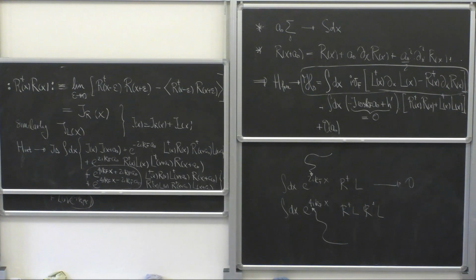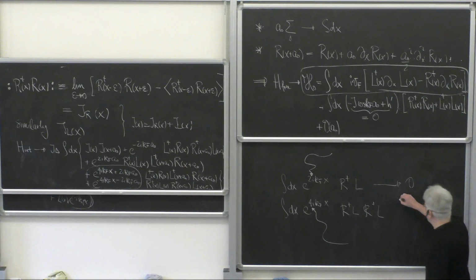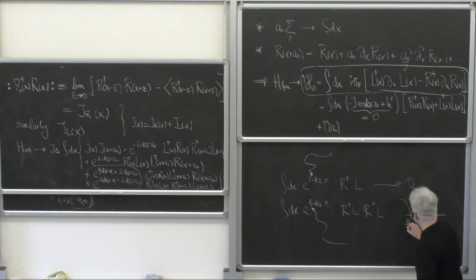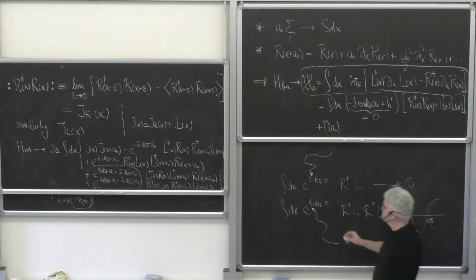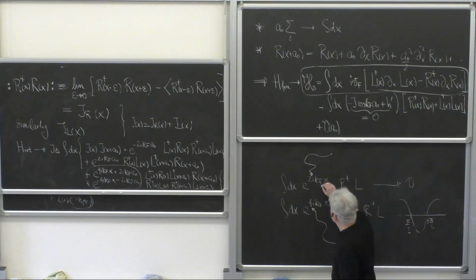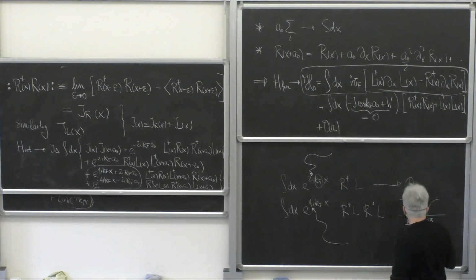Okay, so think about the case without a magnetic field. Without a magnetic field, we had filled the Fermi sea between minus pi over 2 and pi over 2. So then kF would be roughly pi over 2a naught.